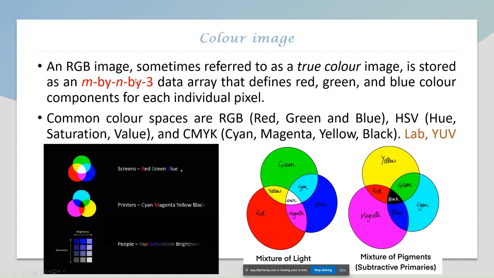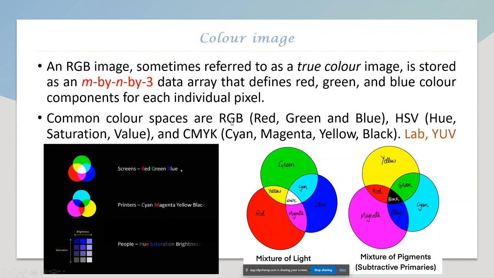We need one additional matrix for each channel, or color. That is, the size of this image in terms of matrix will be m cross n cross 3. So there will be three matrices, one for each channel, red, green and blue, and each matrix is a two-dimensional array of size m cross n.